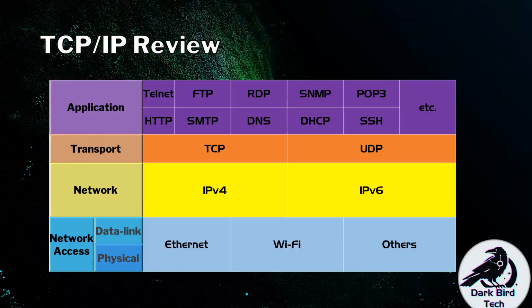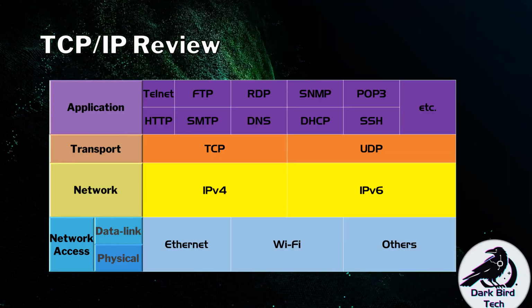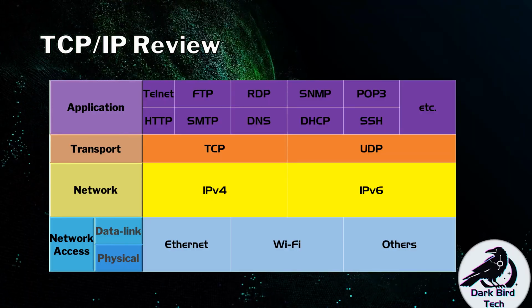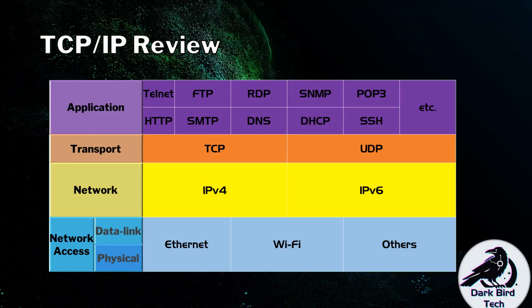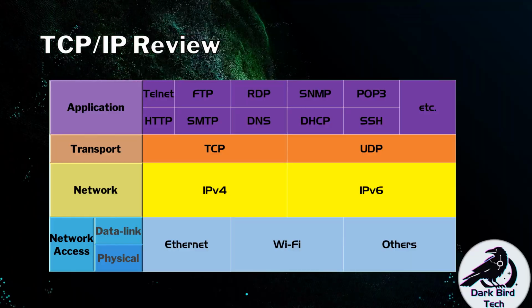And believe me, there are plenty of application layer services we can talk about. But for now, let's start with the transport layer, seeing as that's the next logical step as we're working our way from the bottom up.